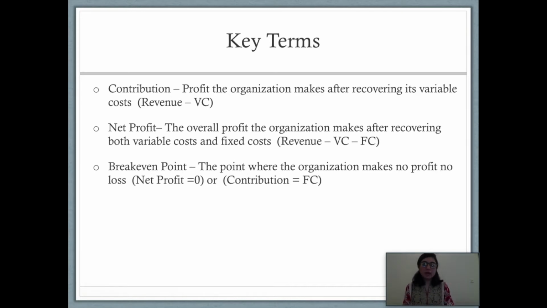That means any unit sold above 10,000 will reap you a profit, right? So the organization is concerned at the beginning how many units should be produced and sold in the market which will actually fulfill the organization's total cost. And that is where break-even comes into play.